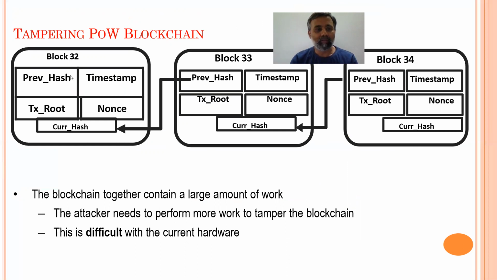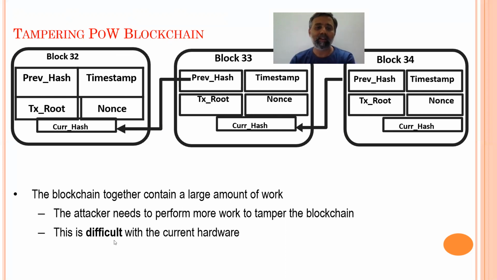We have the previous header, which works as a hash pointer and connects all the blocks, a timestamp, the nonce value I talked about, and the Merkle root. So if any attacker wants to tamper with this block, then he has to change all the blocks in the blockchain.